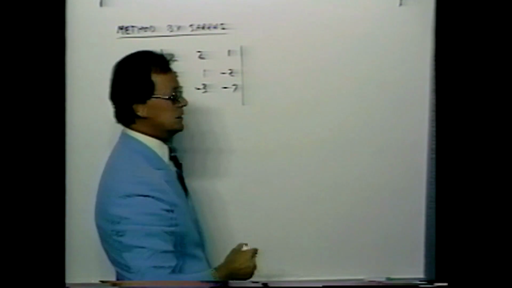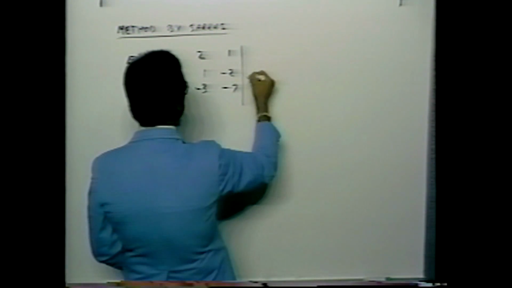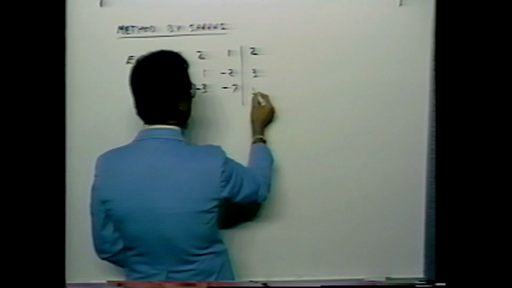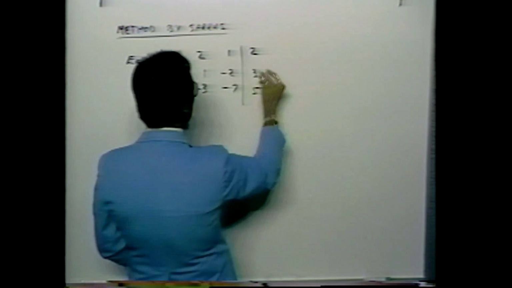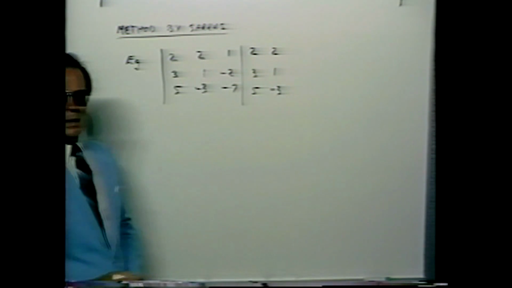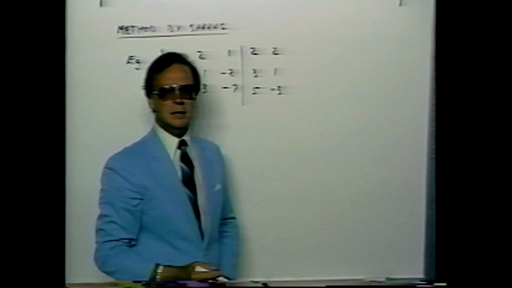What he did was this. If you repeat the first 2 columns outside this vertical line, 2, 3, 5, 2, 1, negative 3, you perform multiplication in the following way.